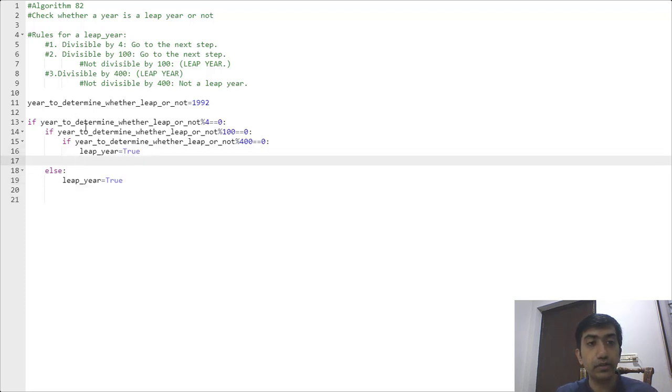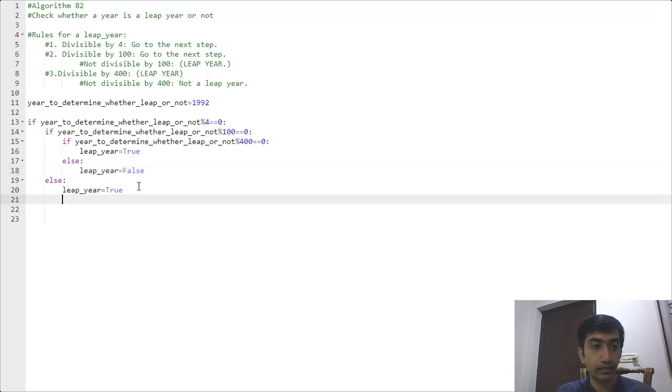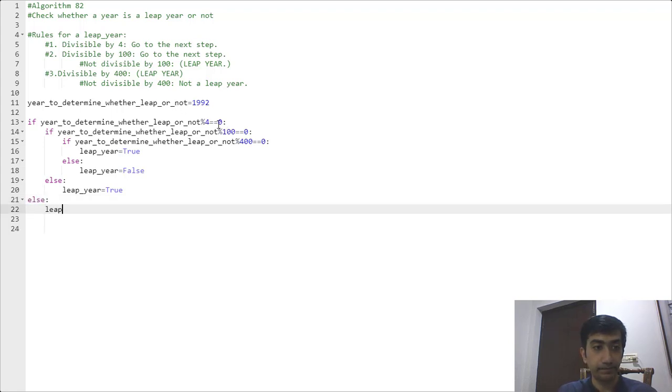Similarly, if the year was divisible by 4 and it is divisible by 100 but it is not divisible by 400, we would declare it as not leap year, else leap year is equal to false. And if the year was not even divisible by 4, we would declare it as not leap year.